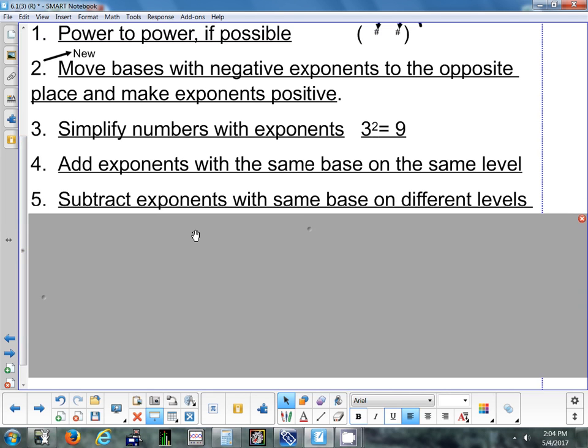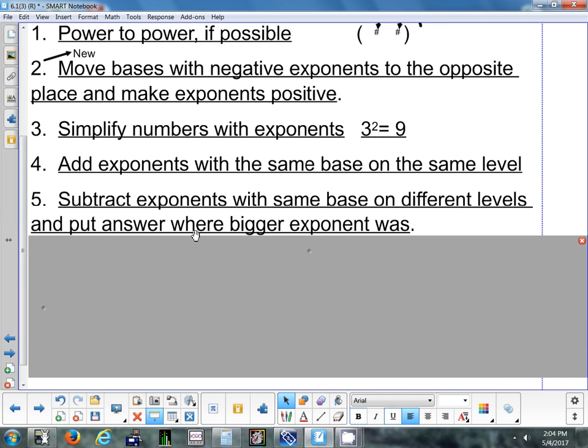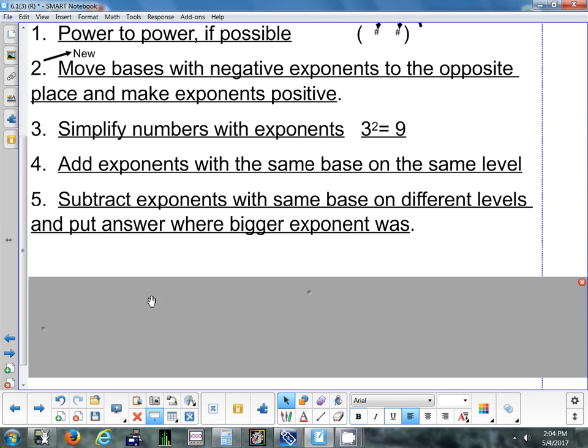Number 5, we're going to subtract exponents with the same base on different levels. And then we'll put our answer where the bigger exponent was. We did the division of exponents yesterday. Same base, different level, subtract, put your base with the exponent where the bigger one was.